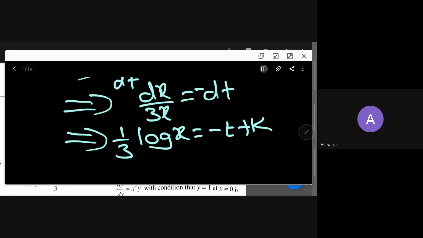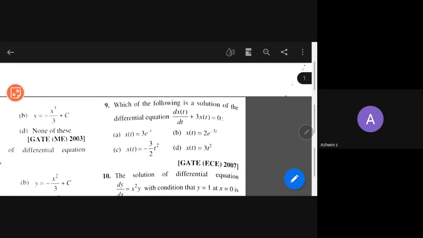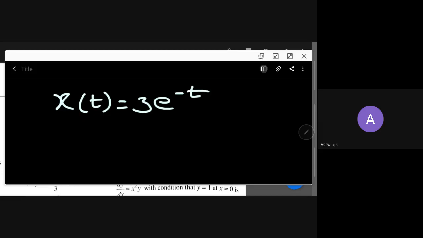Okay, direct substitution. When x of t is e power minus 3t, we need dx by dt plus 3x.